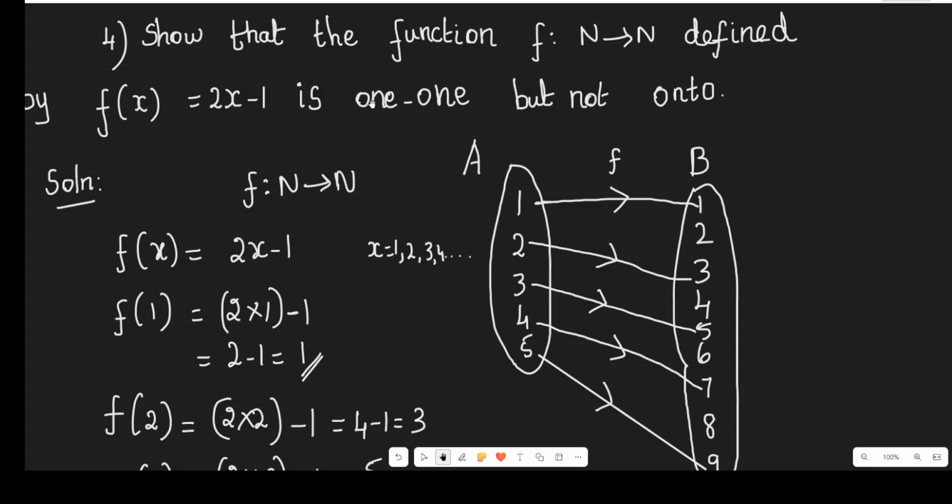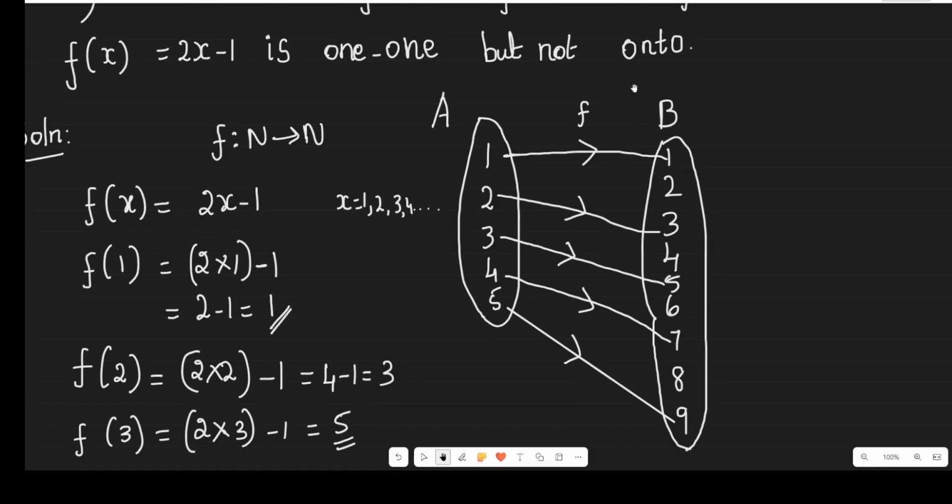Now we have to check whether it is a one-to-one relation, a one-to-one function or not. One-to-one function means what? As I said already, the first set of elements should have the relation. Here we have the relation, right? Everything is unique. What is the concept of an onto function?